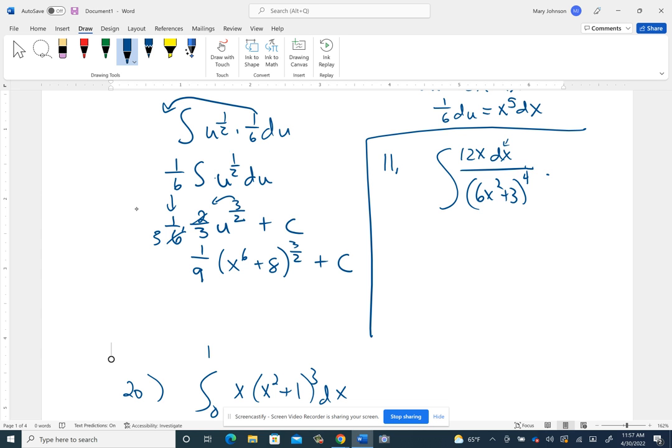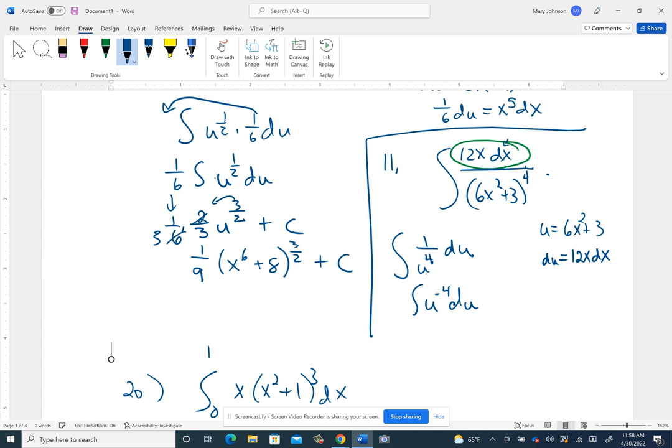So like on the other one, you let u be that inside part, and then du wound up being 12x dx, which turned out to be pretty convenient because there's 12x dx right there. So we're going to rewrite this as 1 over u to the 4th, and then that 12x dx is our du, and having 1 over u to the 4th is the same as u to the negative 4th.